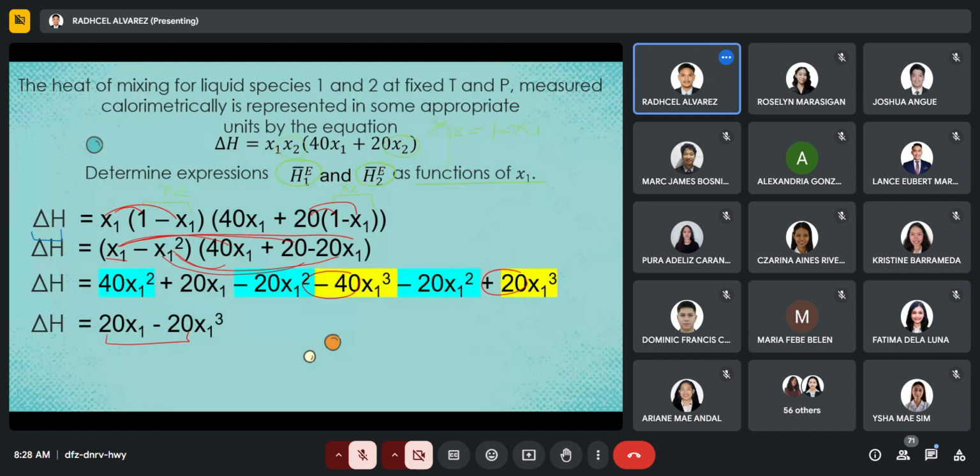Now, as you can see or as you remember in our solution, kailangan nating makuha yung ating DHE with respect to our dx1. So anong gagawin natin dito kay delta H? Anong process?